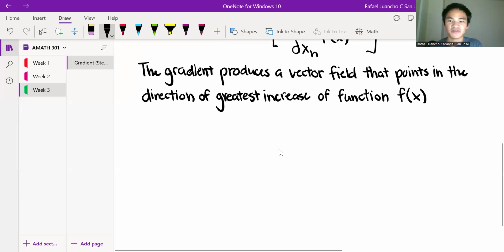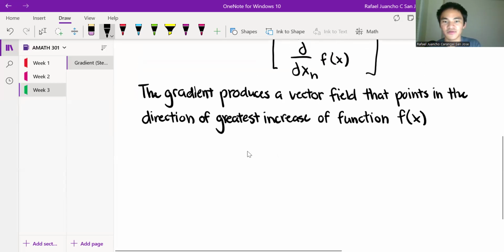So it's a vector field and it points in the direction of greatest increase of function f of x.